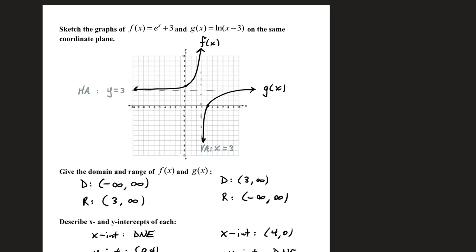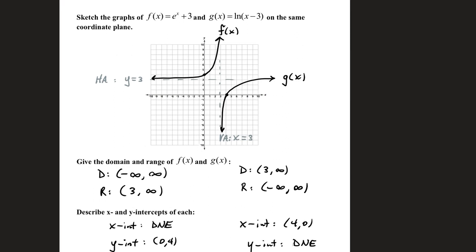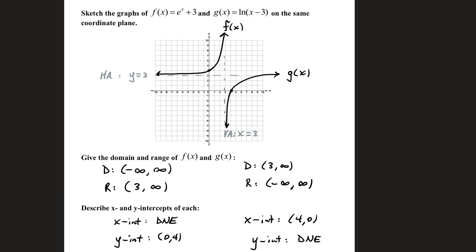The x and y intercepts. For the exponential function, there's a y-intercept at 0, 4. There is no x-intercept. For the logarithmic function, there's an x-intercept at 4, but there's no y-intercept. I've already labeled the asymptotes for the exponential function.